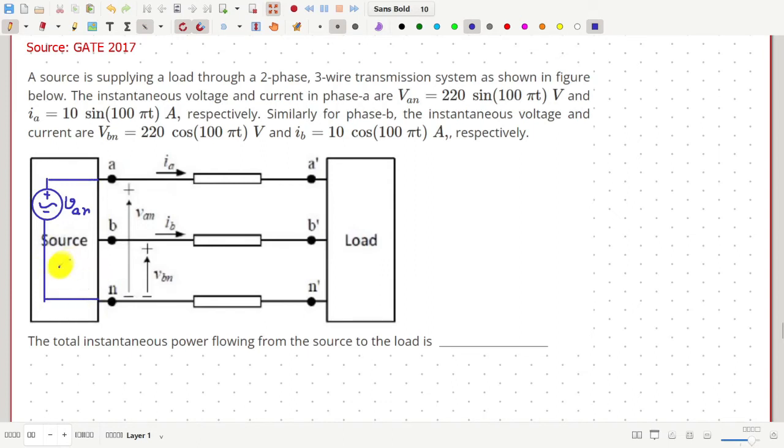And there is another phase of the supply, which is between phase B and the neutral, plus minus, this is VBN. Then here we have a current IA, and the current here is IB. So therefore this current is obviously IA plus IB.